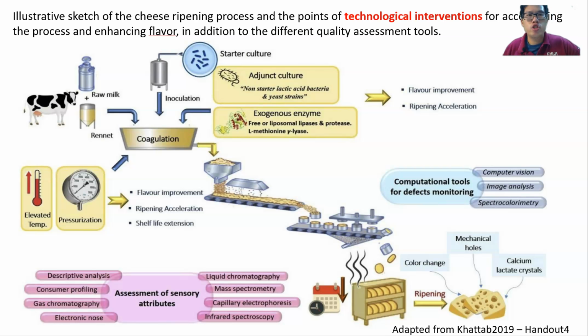Nowadays, the cheese ripening process is getting more and more advanced, okay. They can use technology intervention to accelerate the cheese ripening process, through using temperature and pressure.